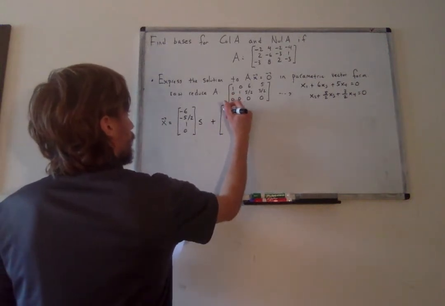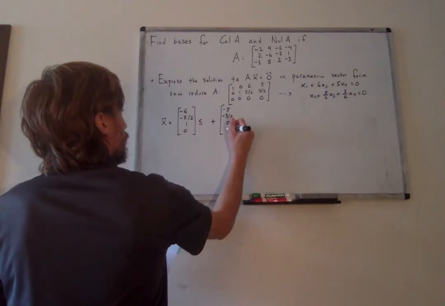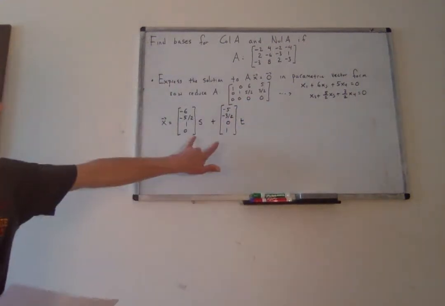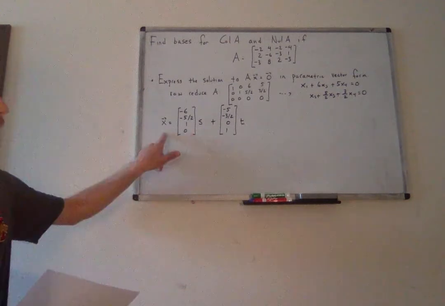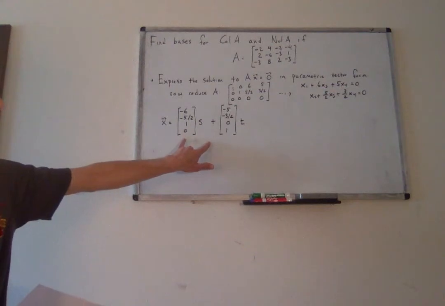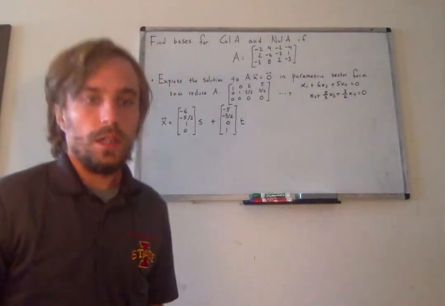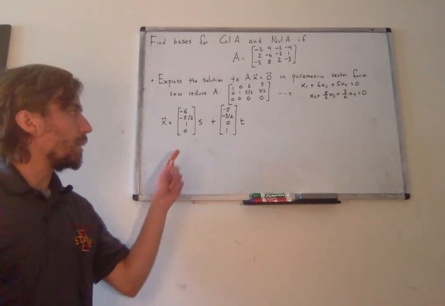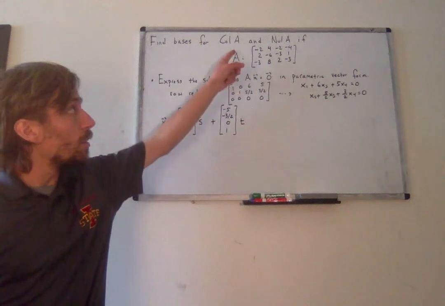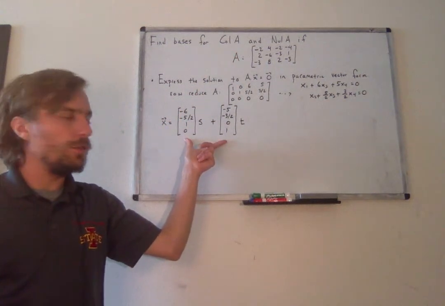And we get the following solution in parametric vector form. Notice every vector that is a solution to the homogeneous equation Ax = 0 can be expressed in the following way. This is important because this means that every vector in the null space of A has to be a linear combination of these two vectors.